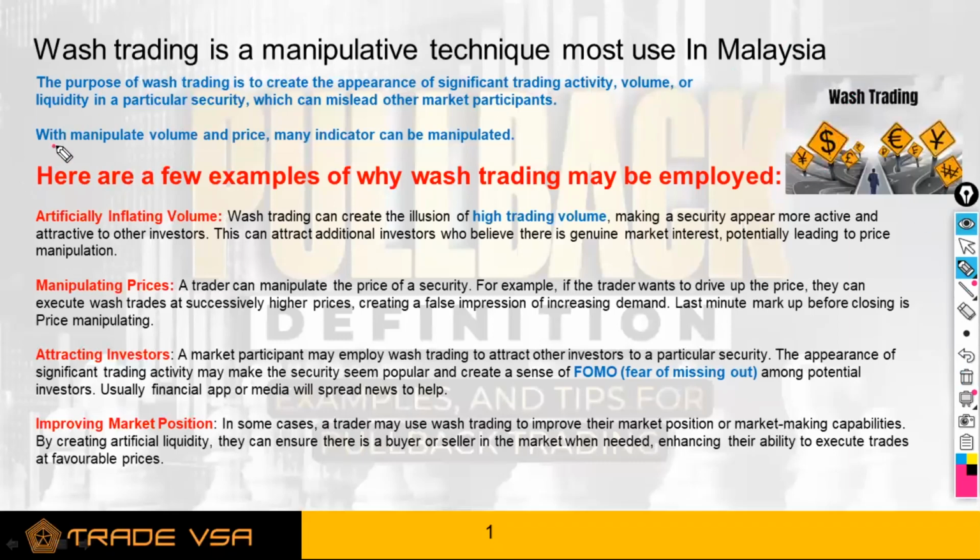When volume and price are manipulated, many indicators can be manipulated too. That is why they need to manipulate the volume, and some of the popular indicators in the market are very easily manipulated by them.